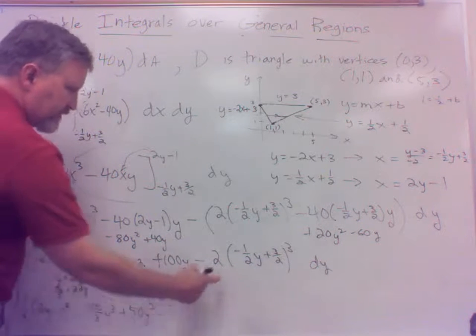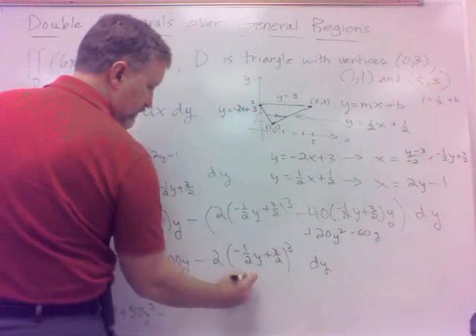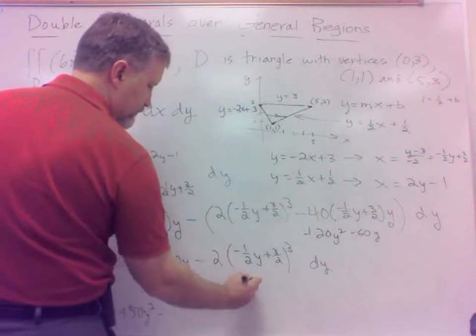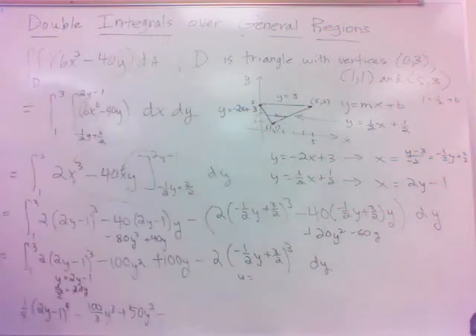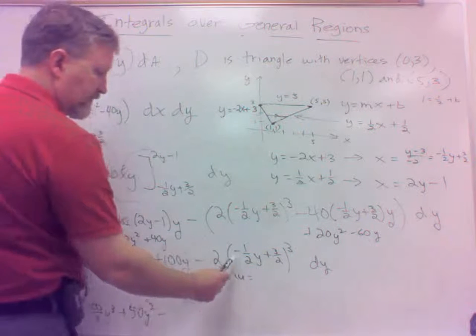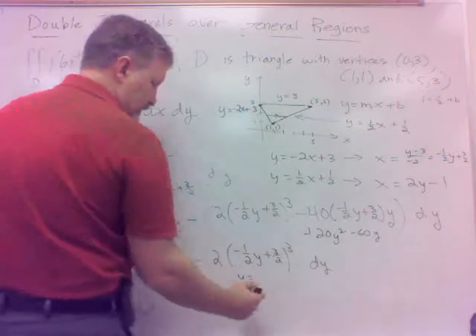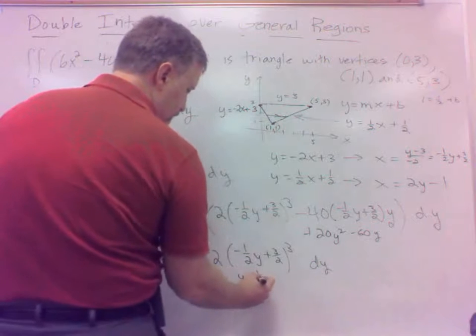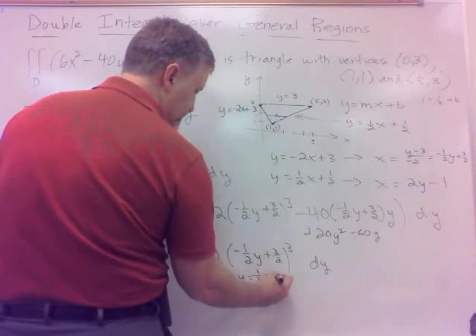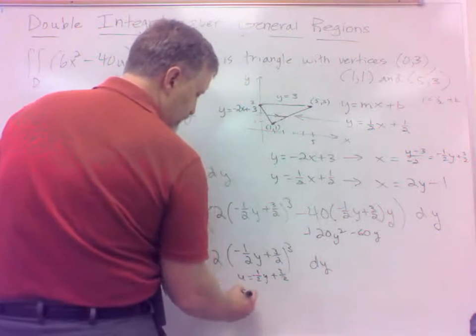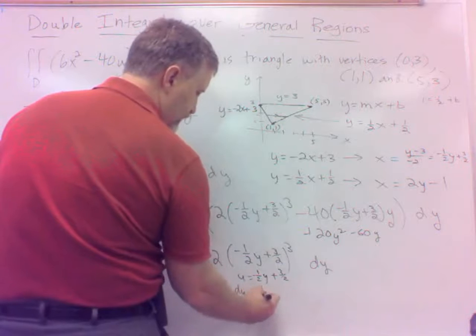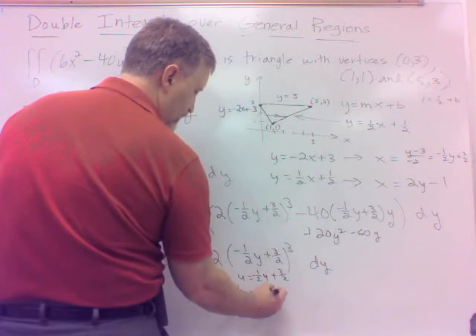And then here, same drill, u equals, which sign? Yeah, that one's got a cube, so I can't. All right, so it'd be u equals negative 1/2 y plus 3 halves. So du would be just negative 1/2 dy.